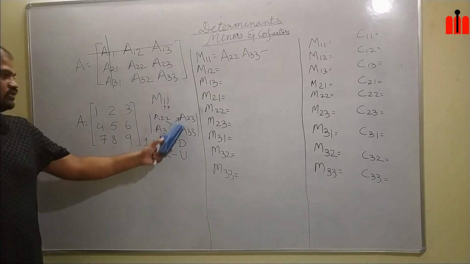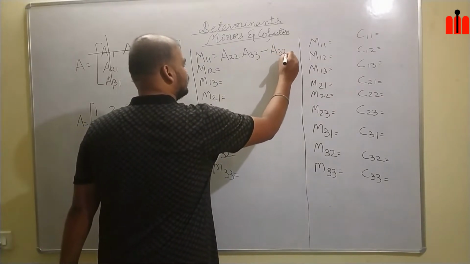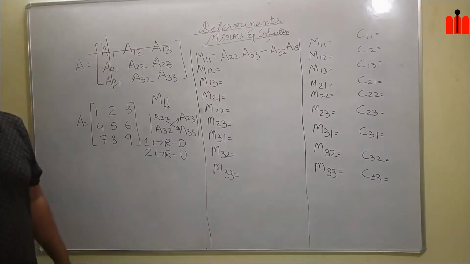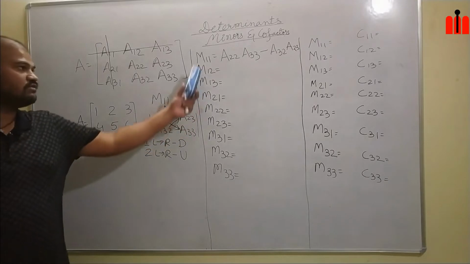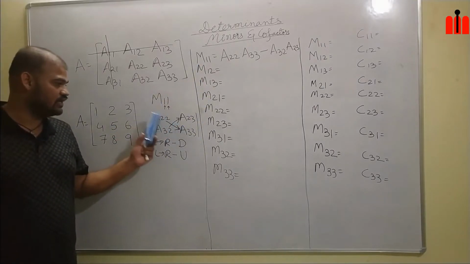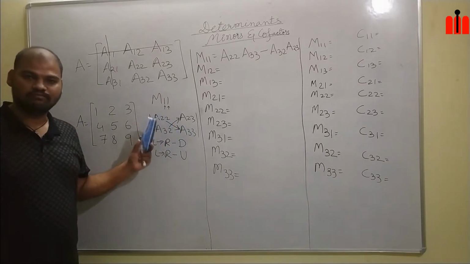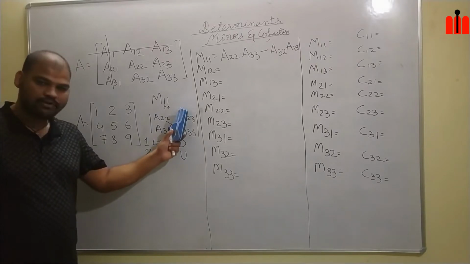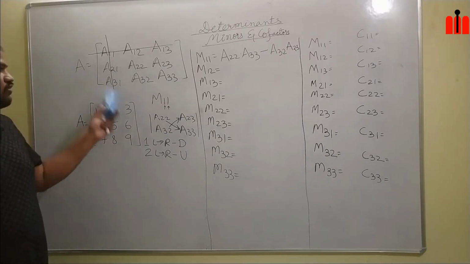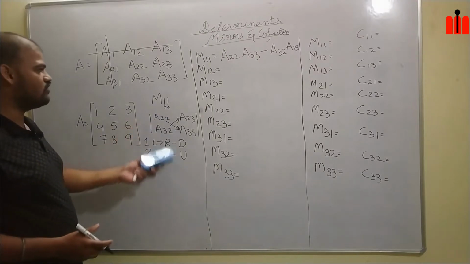So this will be my minor M11. Left to right, down, we multiply these 2 elements, minus left to right, up, we multiply these 2 elements. Same thing we will follow for all the minors. Okay, so this is for M11.